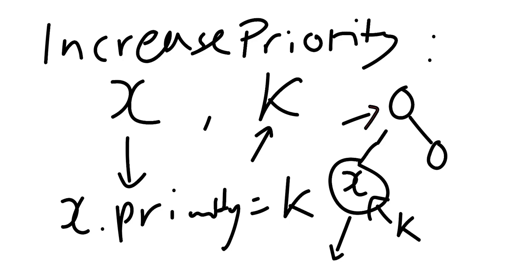So that's increase priority. And once again, the runtime is going to be logarithmic, right? We're bubbling, and that means we'll have a logarithmic runtime again. Theta of log n.